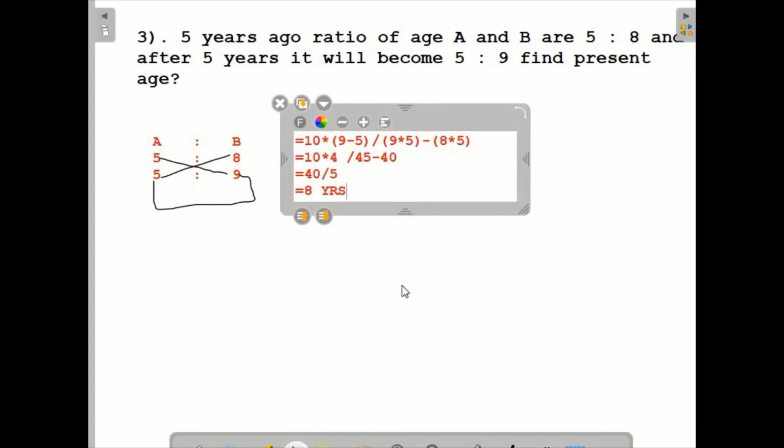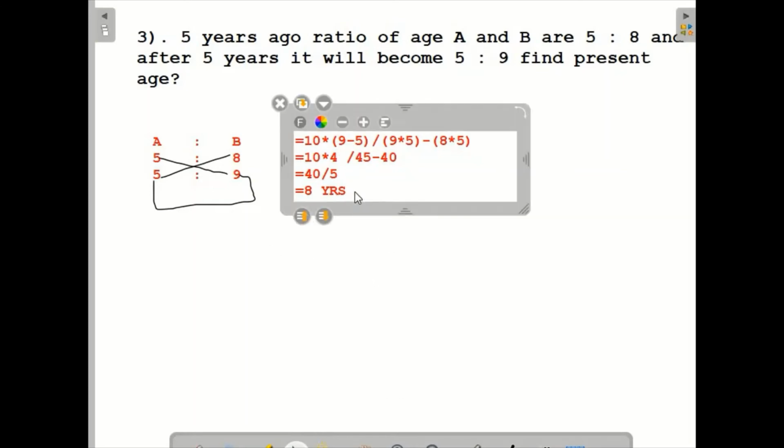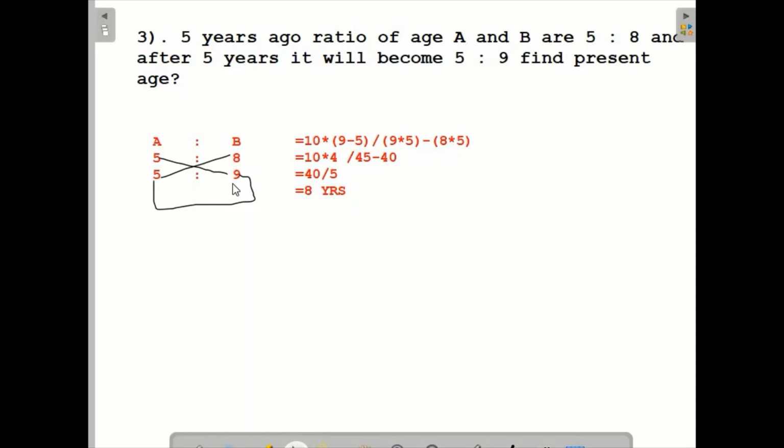So 10 years before and after, it is 8 years their age difference. Their age is 8 years difference. So we have to calculate for the ago 10 years and the present age.